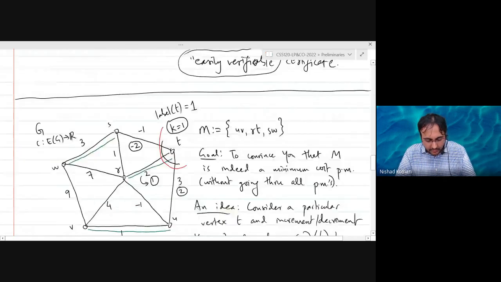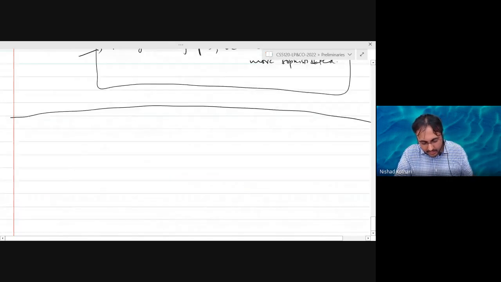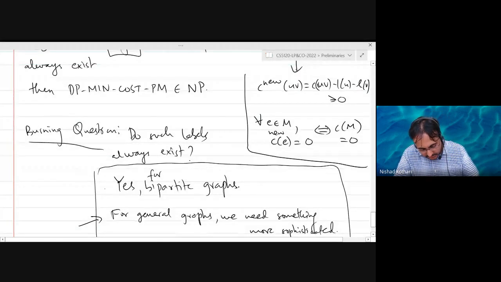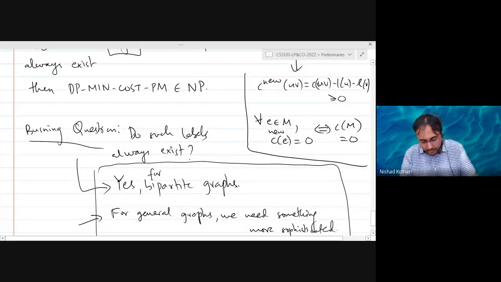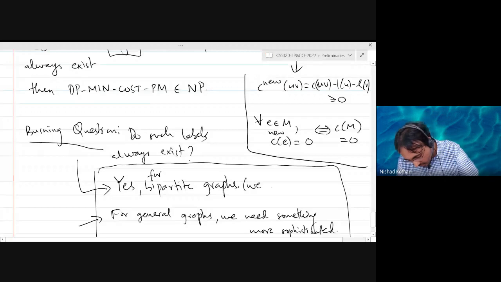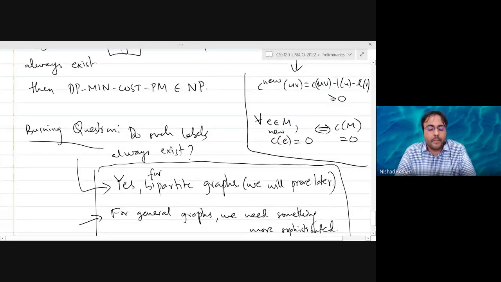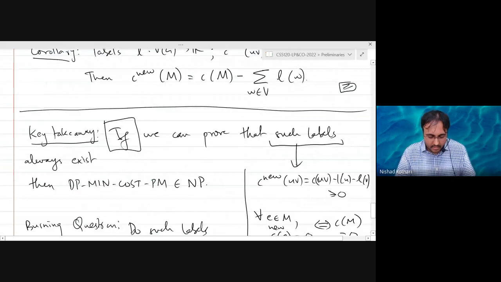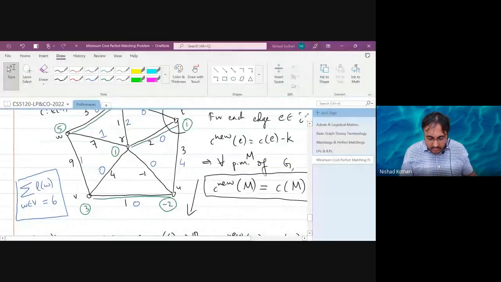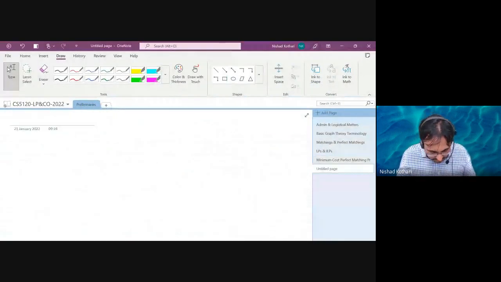The only thing for bipartite graphs is the last statement I made, which is that such labels exist for bipartite graphs, and we will prove this. Okay? Good. So if there are no questions pertaining to this stuff, let's talk a bit more about graph theory.